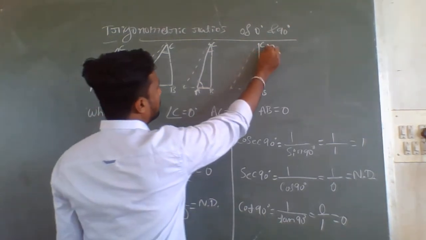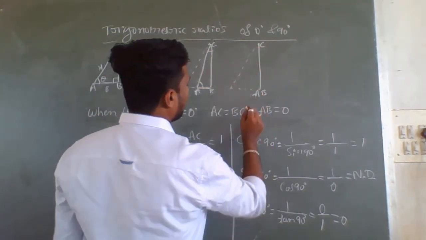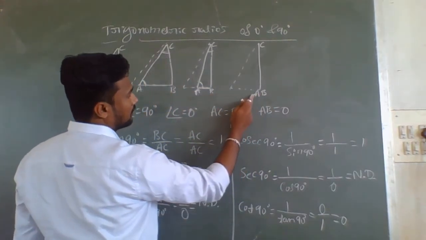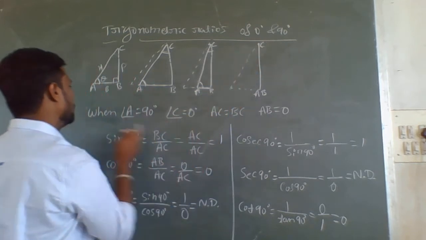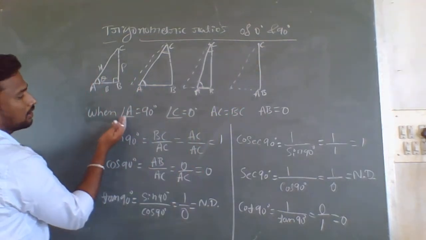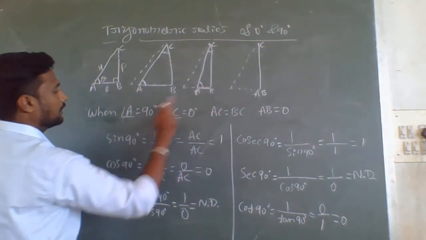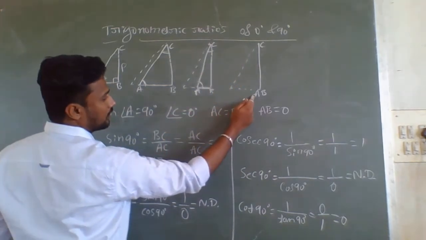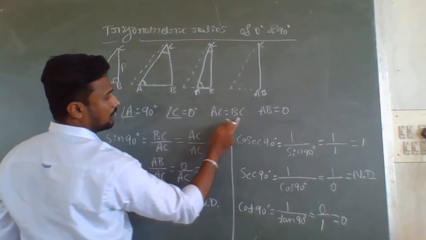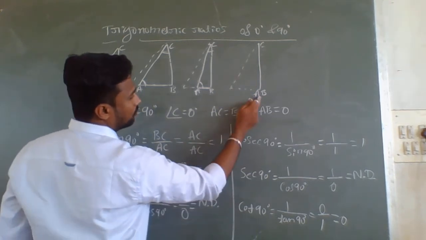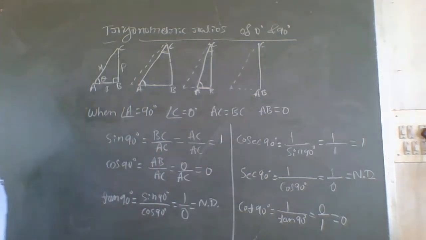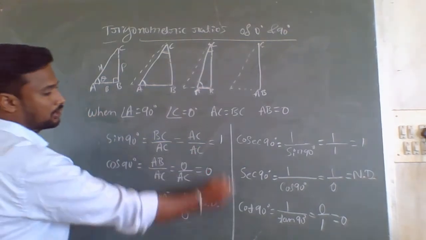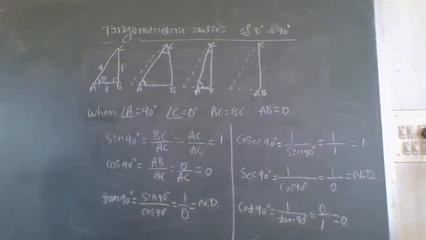This angle C becomes 0 degree and this length of AB equals 0, and you can see here the length of AC equals BC. So here I have written angle A equals 90 degree, so angle C equals 0 degree, AC equals BC, and finally the length of AB equals 0. So by using these values I have written all the trigonometric ratios with respect to 90 degree.